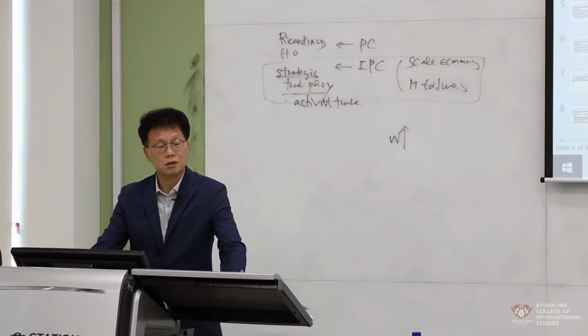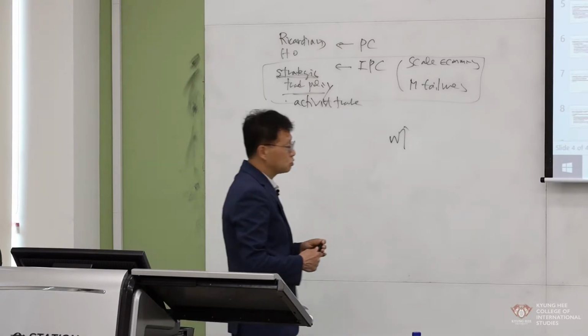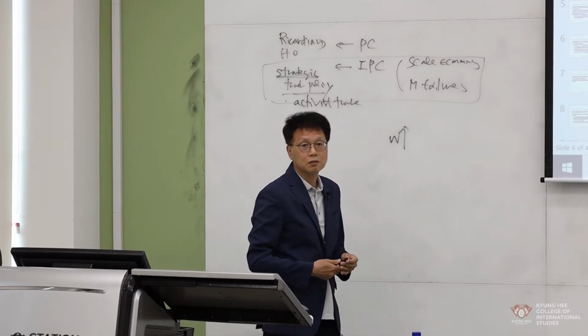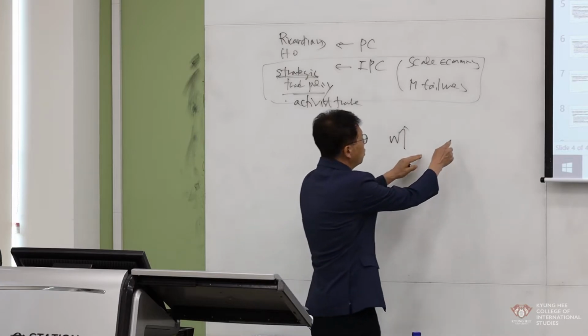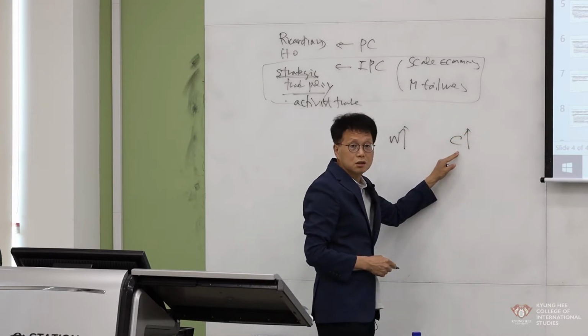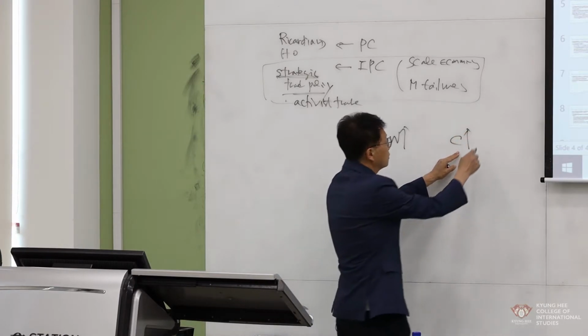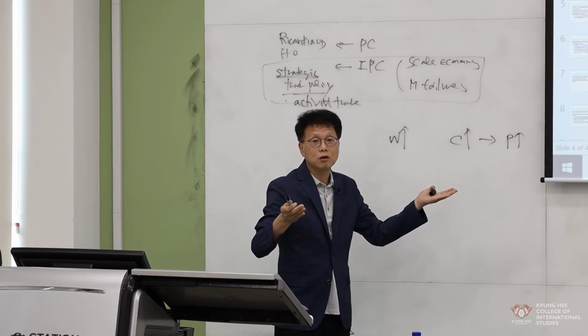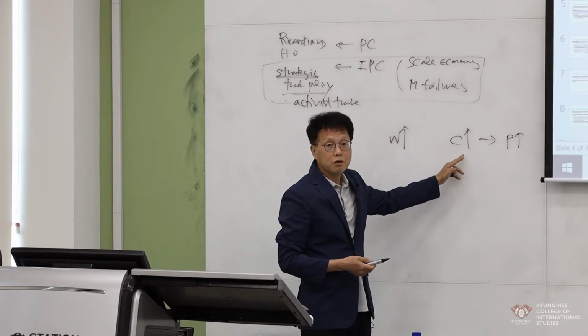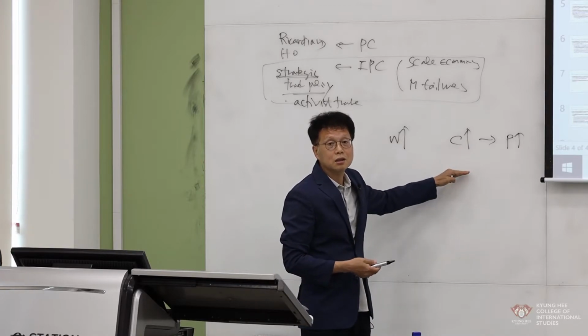What happens if developing countries introduce some abatement machinery, for example? That means the cost of production increases, right? Then the price of exports increases. Think about environmental costs added to the total cost.